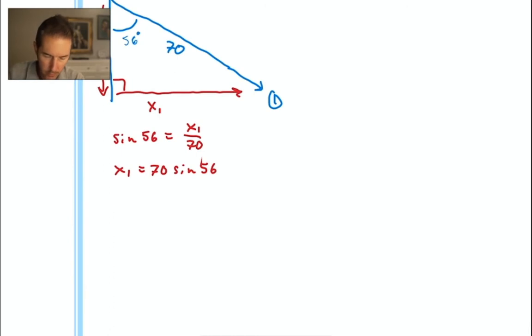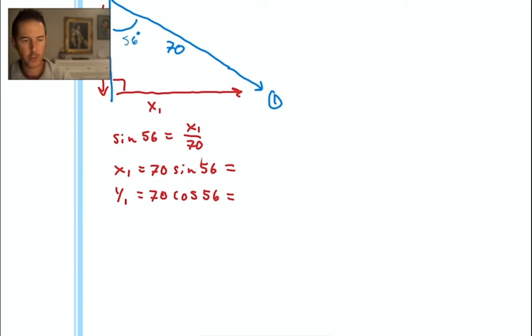In the vertical direction, so I'm going to call that y1, the force in that downward direction is equal to 70 times the cosine of 56. And let's get some decimal values here. I'm going to make sure that my scientific calculator is in degree mode. And it is.